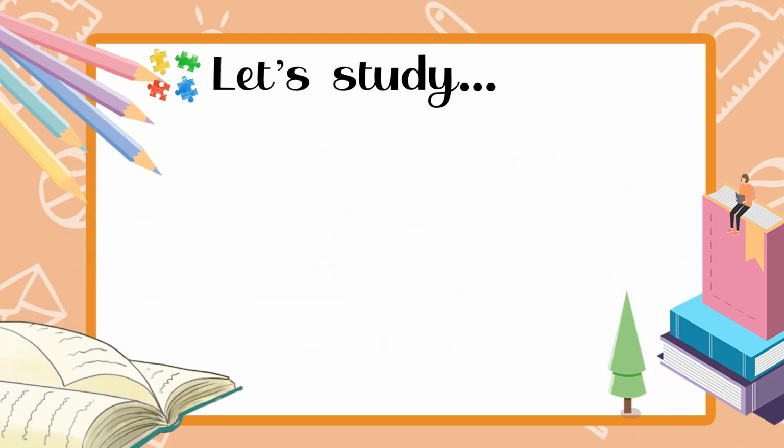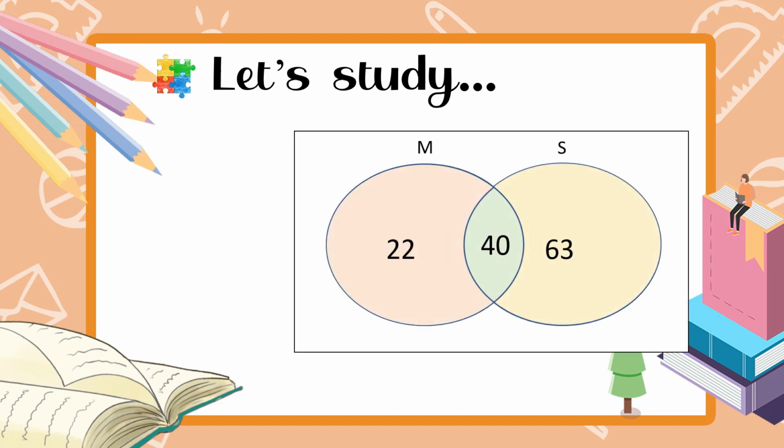So, paano nga natin ulit gagawin ang union? Balik tayo sa ating Venn diagram. So, we have here set M. Meron din tayong set S. So, what we are going to do, we just have to add everything in set M at saka everything in set S. Pagsasamahin lang natin.